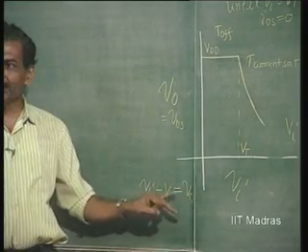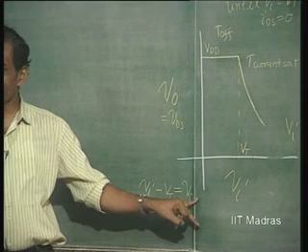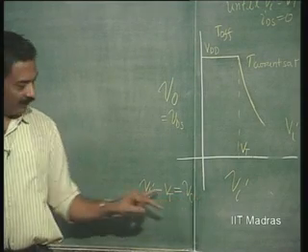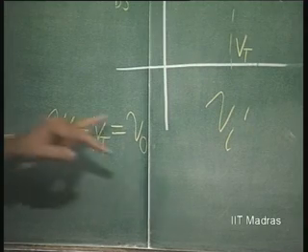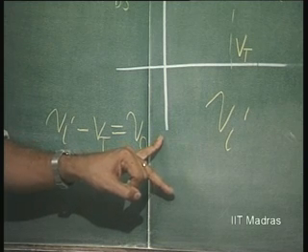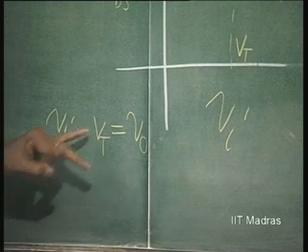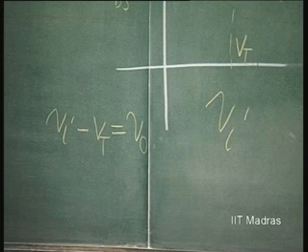VGS minus Vt equal to VDS is the point at which it enters triode region. VGS is equal to Vi, VDS equal to V0. So, corresponding to a point Vi minus Vt equal to V0, it will enter triode region.